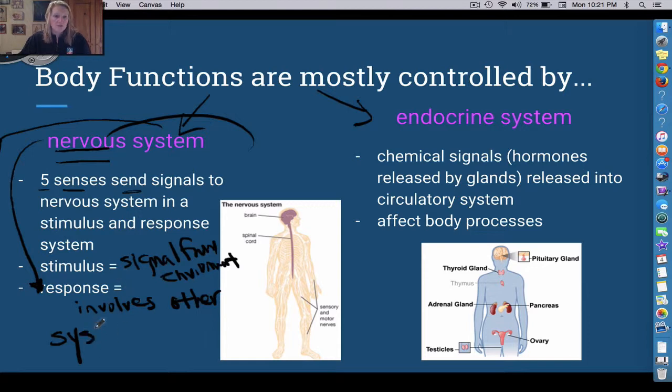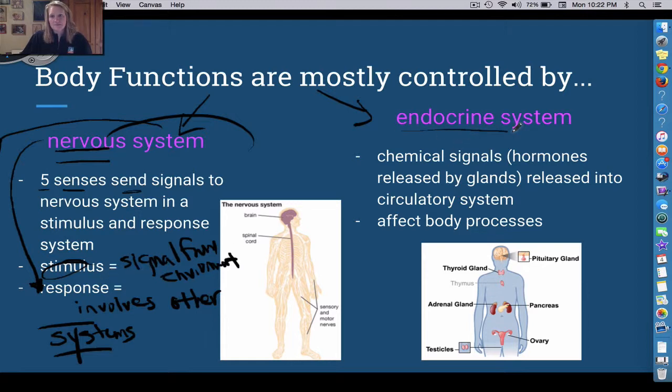So it involves other systems, and those other systems are certainly going to be your respiratory system to make you breathe harder, so you are then pumping energy into those muscles, which are all of a sudden moving. So the response is kind of a measured response. How is your body going to handle that stimulus that is just observed or sensed?